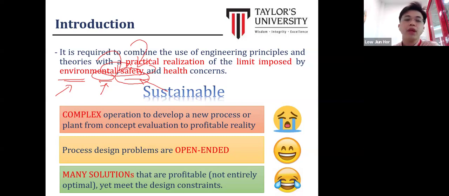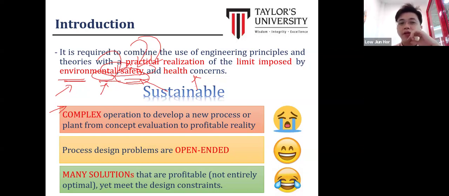But actually, if you want to come out with a chemical plant design, it can be very, very complicated or complex. Why? As I told you just now, because you need to integrate all the knowledge that you learn in this module in order to come up with a design. And not only apply the knowledge, you also need to consider a lot of different external factors and considerations to make sure the plant that you are going to design can also address most of the concerns nowadays.